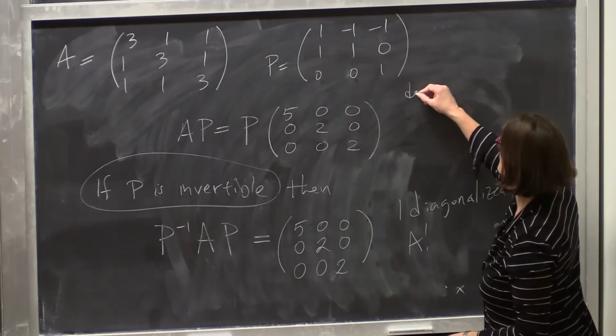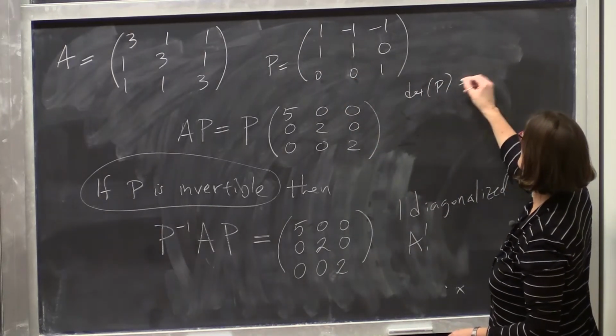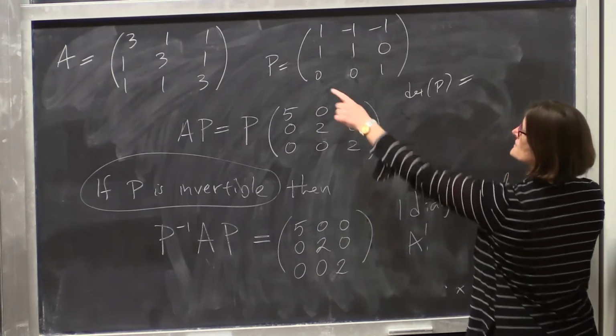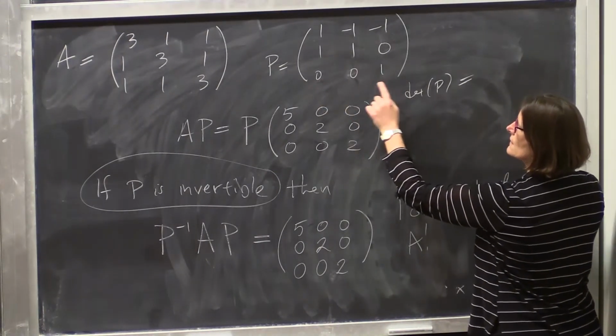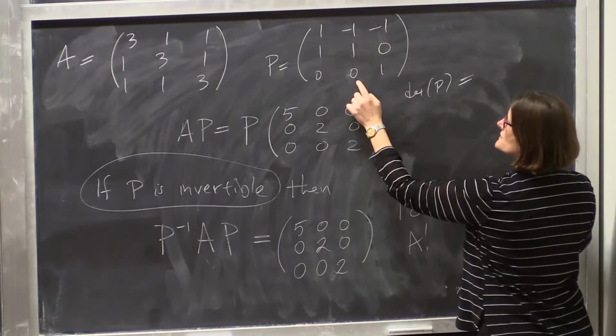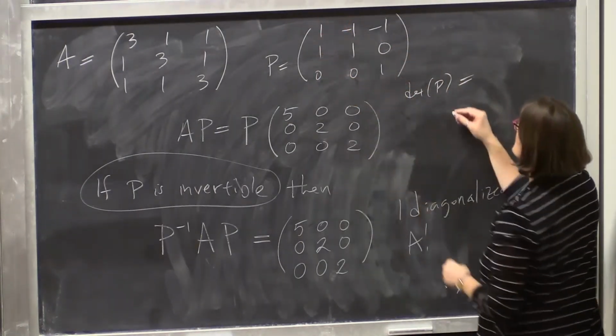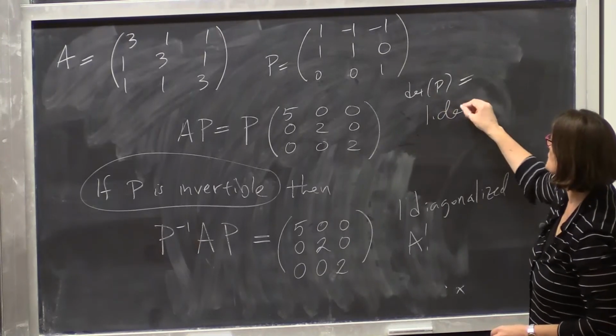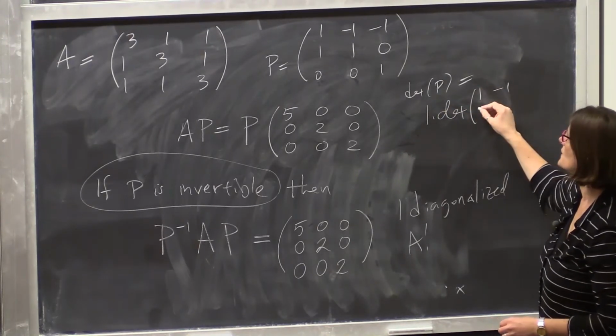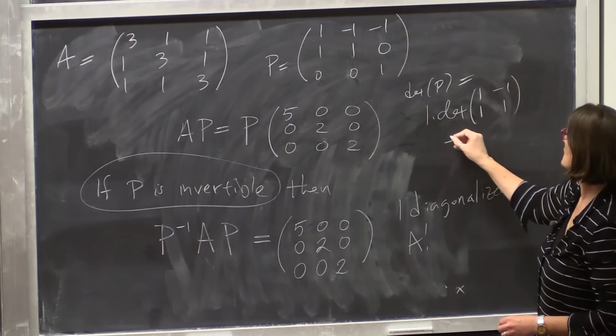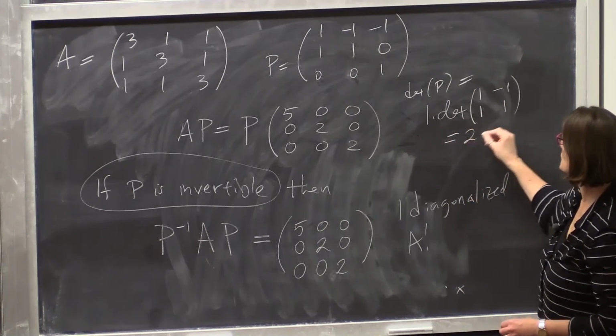So let's check. The determinant of P is, so I'm going to expand about the third row. So I get 0 times that determinant, minus 0 times that determinant, plus 1 times that determinant. 1 times the determinant of 1 minus 1, 1, 1. And that is 2.